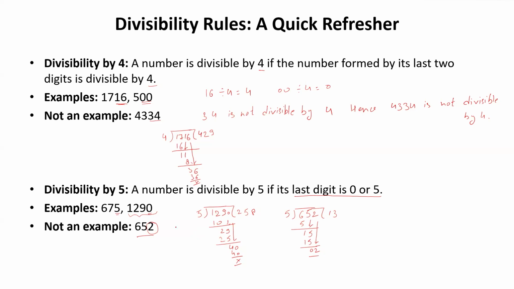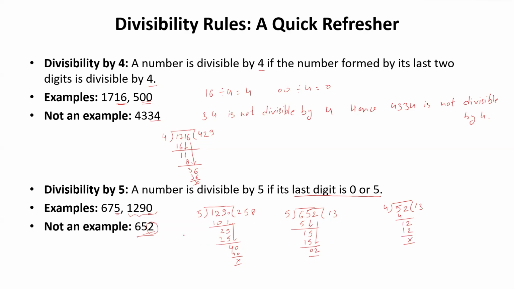Now, I have a quick question. What do you think about this number? Whether this number is divisible by 4? So, to check whether a number is divisible by 4, you have to focus on the last two digits. Just tell me whether the last two digits, 52, are divisible by 4. Just check whether 52 is divisible by 4. So, 4, 1, 2, 3, 12, 2.